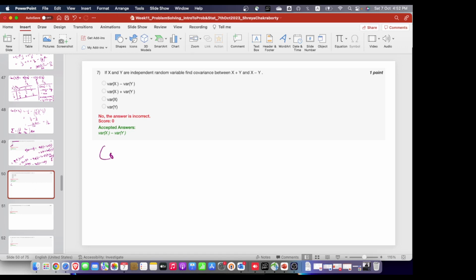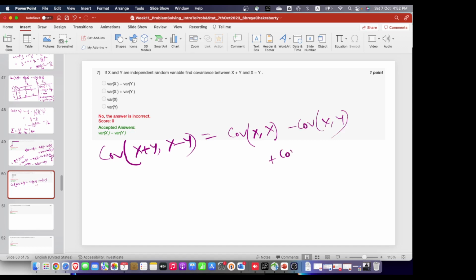Covariance of x plus y and x minus y would be covariance of xx minus covariance of xy plus covariance of yx minus covariance of yy.